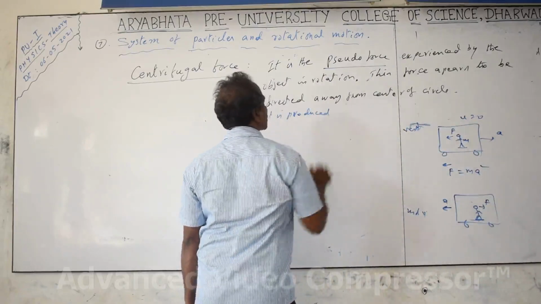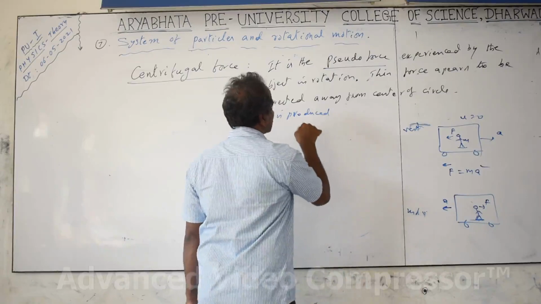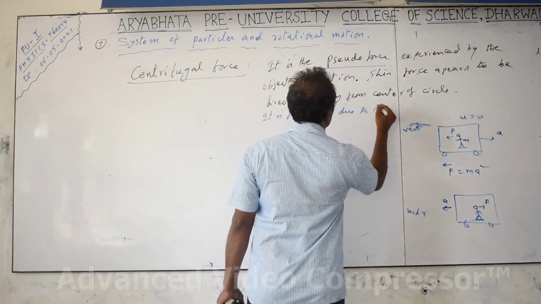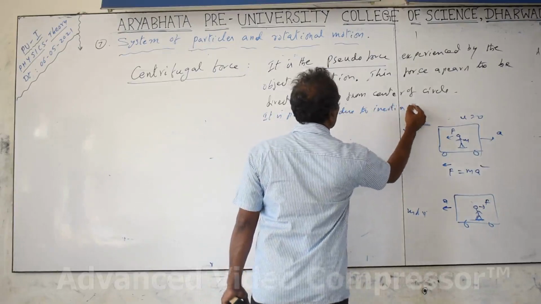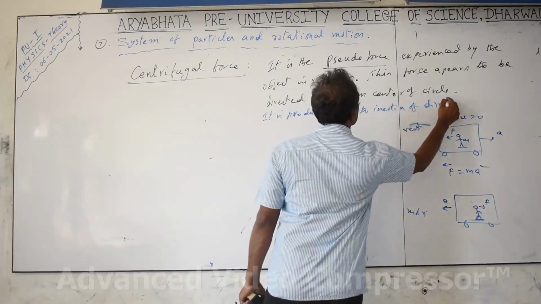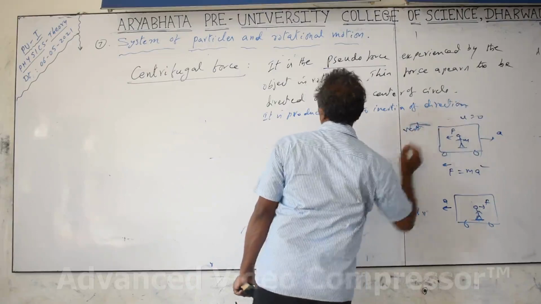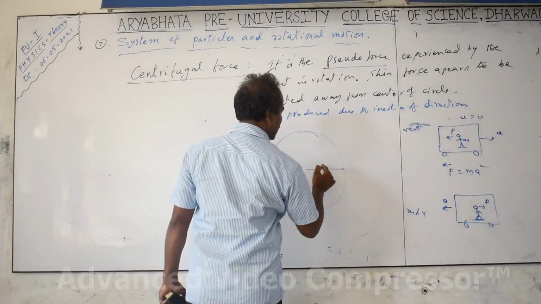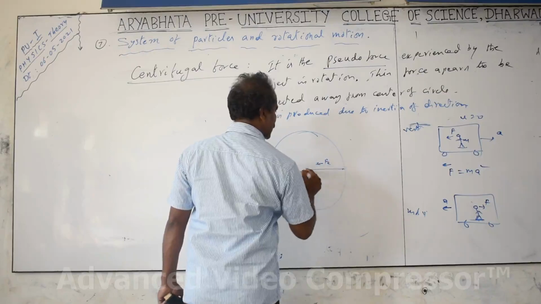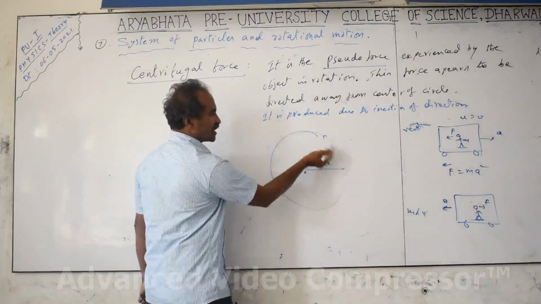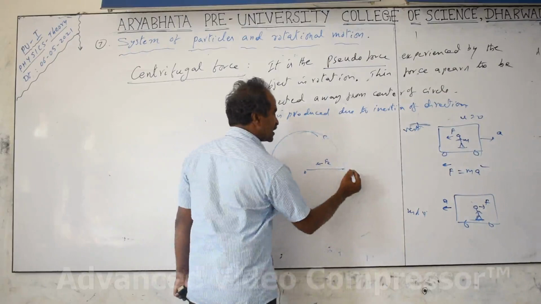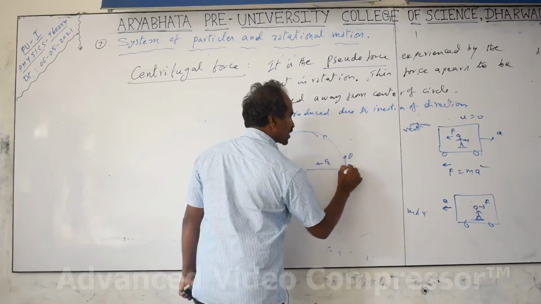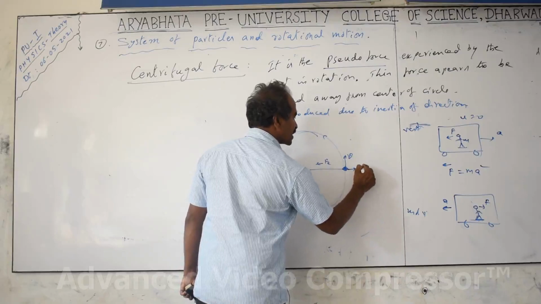But if we imagine it is there, it is because of inertia of direction that we feel it directed away from the center. So the centripetal force acts towards the center of the circle if the object is moving in a circular path in the anti-clockwise direction. Then centrifugal force is imagined by the object, not real. Due to inertia of direction only, this is the centrifugal force.